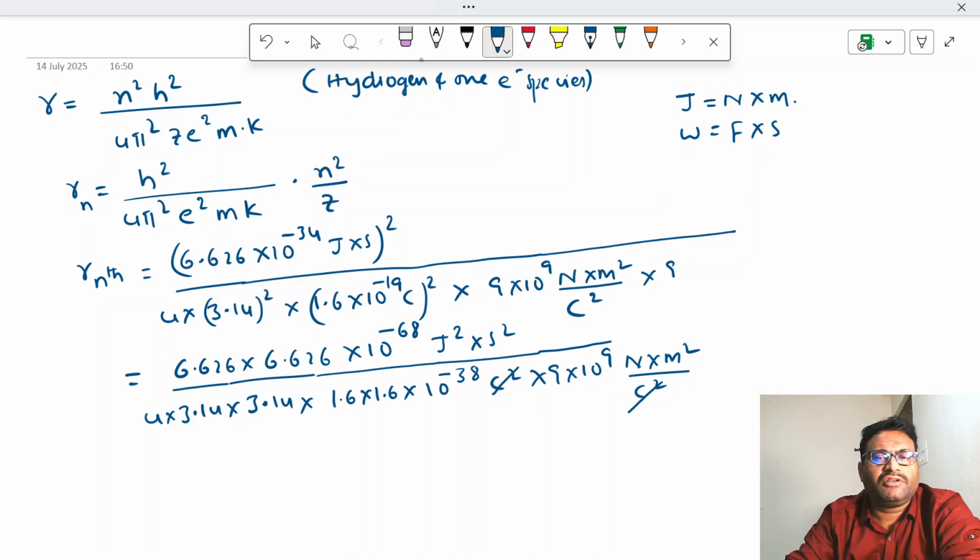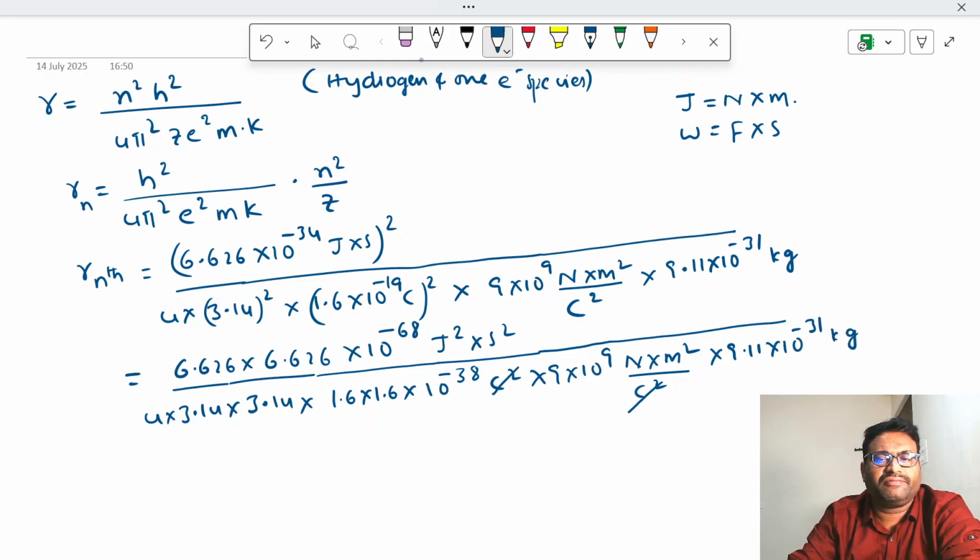Mass is 9.11 into 10 power minus 31 kg. The same way we can use here 9.11 into 10 power minus 31 kg.